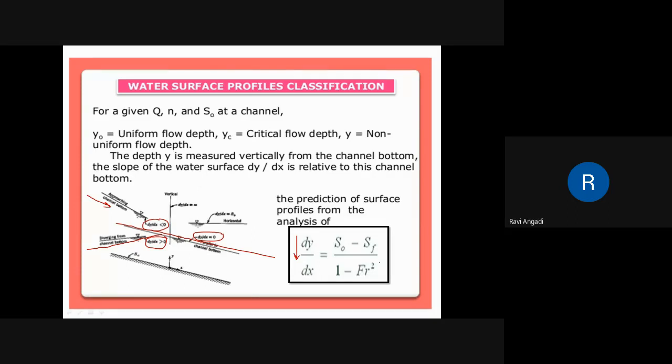Suppose the numerator becomes 0, then we get dy by dx as infinite, which means we cannot predict where the depth of flow will be. It's just an imaginary depth.